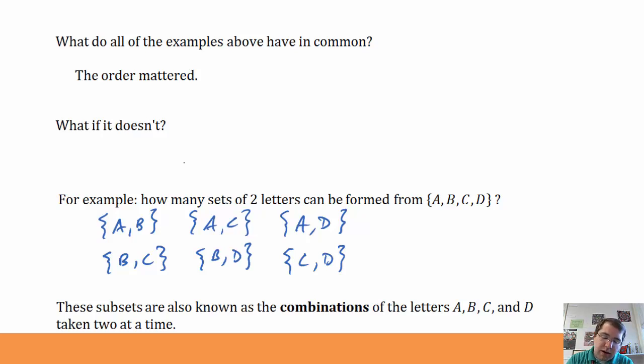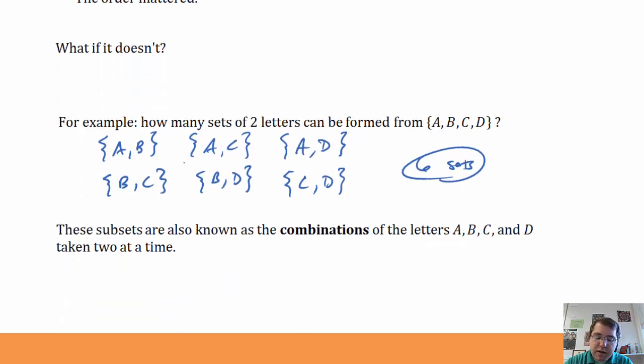D has already been paired with A and with B and with C. So how many different sets of 2 letters can be formed? Exactly 6 sets. 6 subsets containing 2 elements from that set of 4 elements at the beginning.